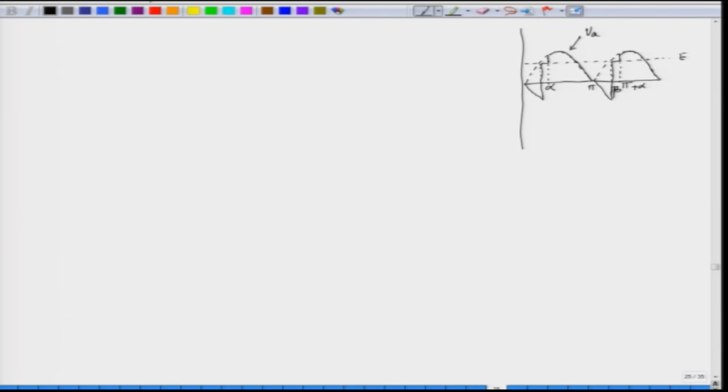If you want to find out the average armature voltage, we integrate for 1/2 cycle, that is pi.